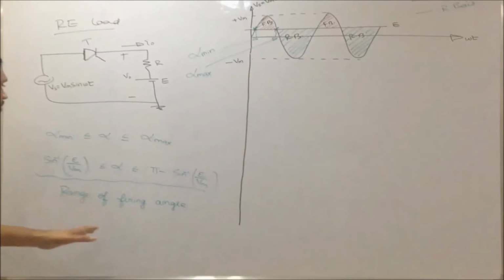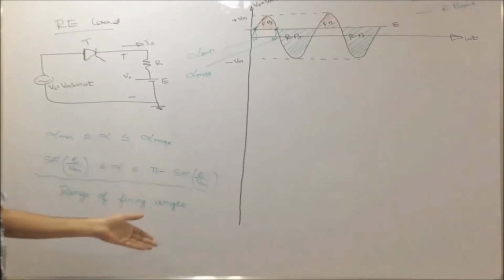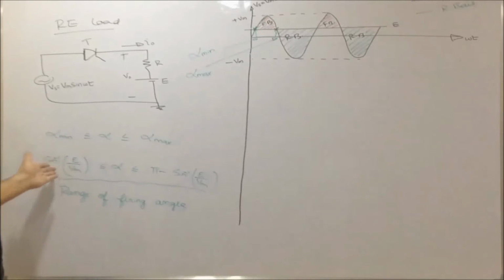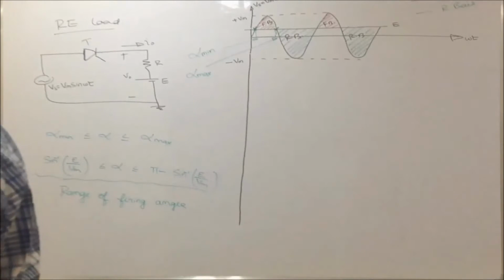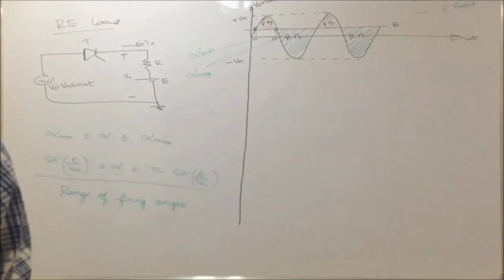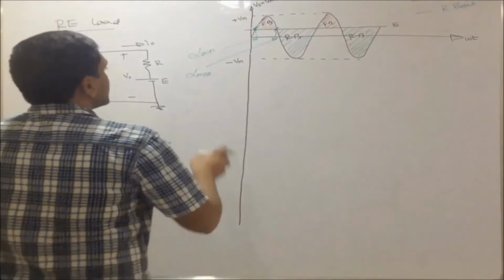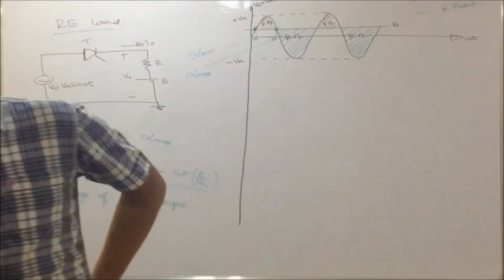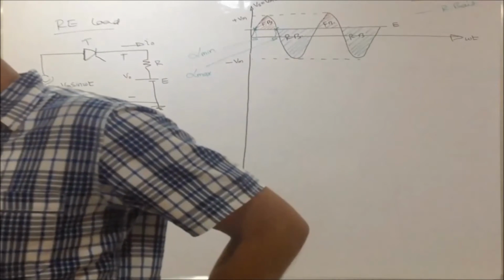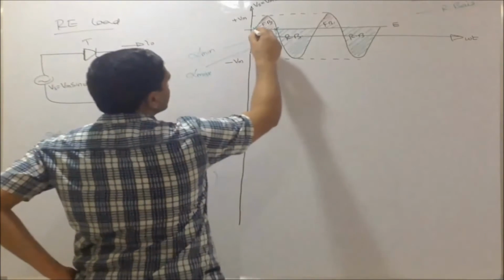So because of E, what happens? I have some minimum and maximum limits on alpha. Minimum is sine inverse E by Vm and maximum is pi minus sine inverse E by Vm. So suppose I start firing continuously, then my SCR starts conduction from this point.